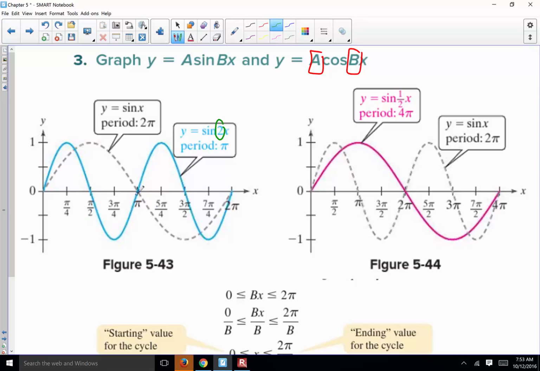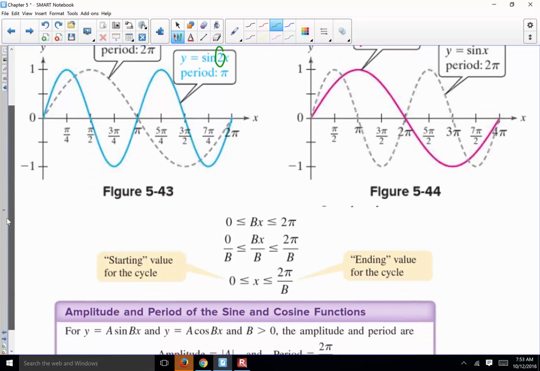So it makes more frequent ups and downs, twice to be exact, because it's twice. And if it is a small number like 1 over 2, it makes fewer ups and downs. Look, you see we have one hill, one bump, two bumps, two cavities in the original setup. Now you have one bump and one cavity, exactly half the shapes.